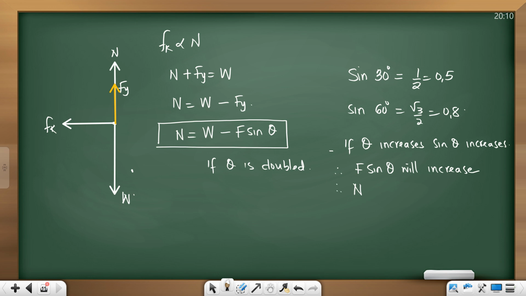Oh, it therefore means N will decrease. Why? Look at the formula. N is W minus F sine theta. This value is becoming bigger. Hence, this value will become smaller.